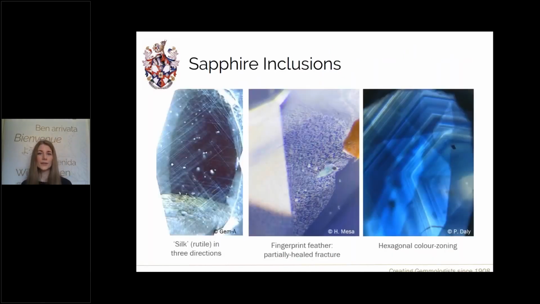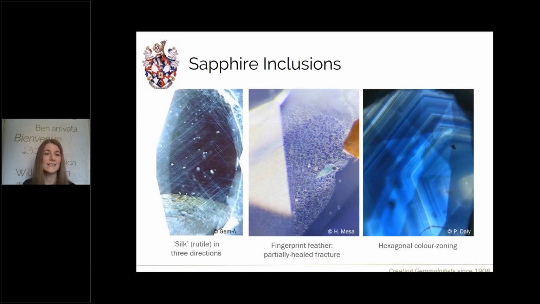Looking at sapphire inclusions, there are many, and just to let you know, inclusions in corundum are many. There are so many different types of inclusions. I'm just scratching the surface, so if you want to know more, please do investigate further after this webinar. There are plenty of resources for you to look at different inclusions in sapphires and rubies and other gemstones as well.